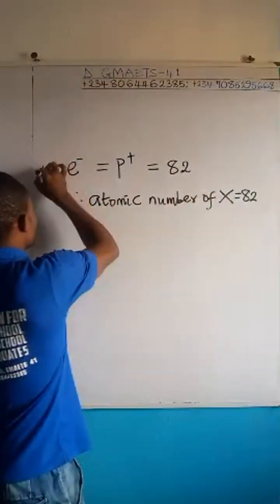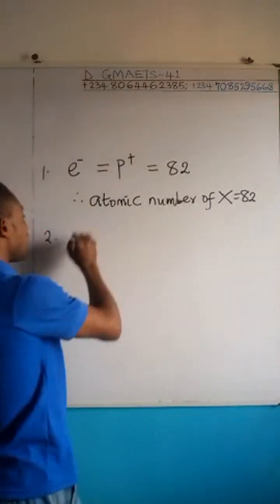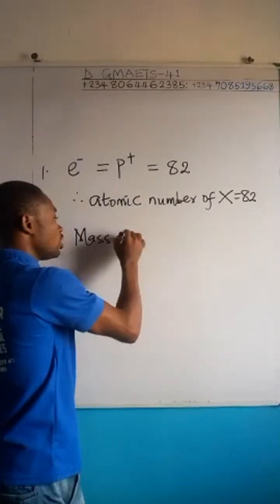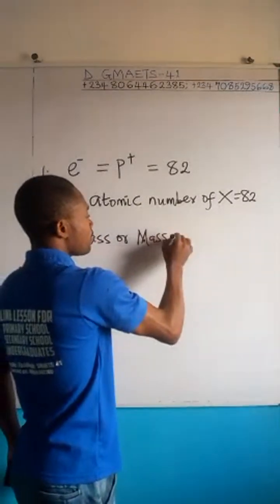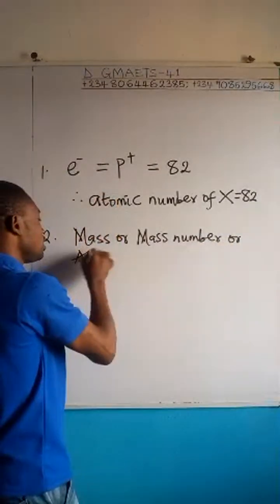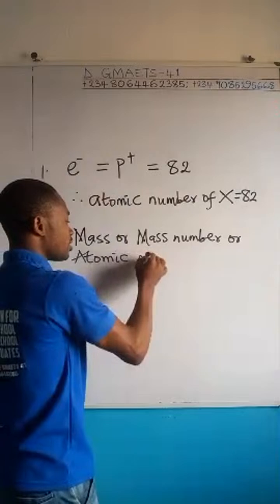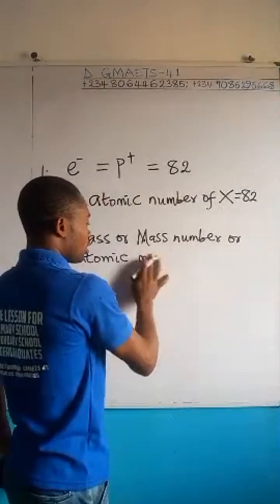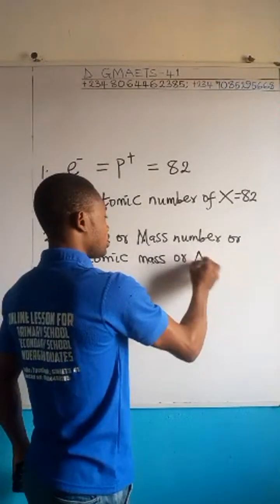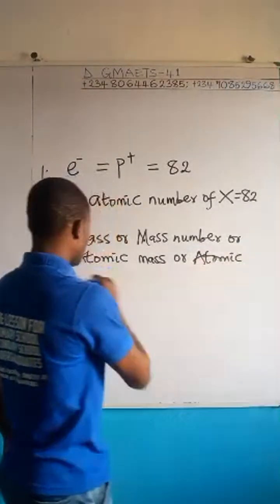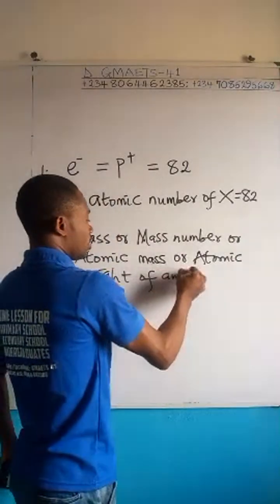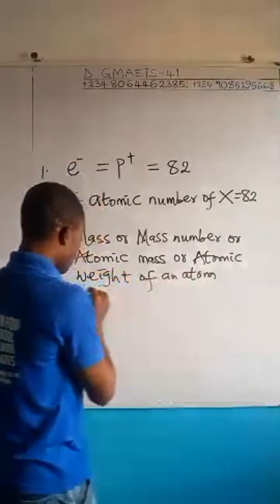So, I'd like to write, this is our first question. Question 2: I would like to write that the mass of an atom, if you want to simply use mass, or you can say mass number, or you can still say atomic mass, or we can also use the term atomic weight, of an atom is equal to the number of neutrons.